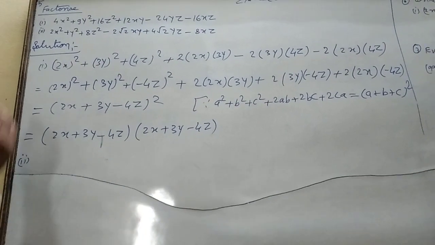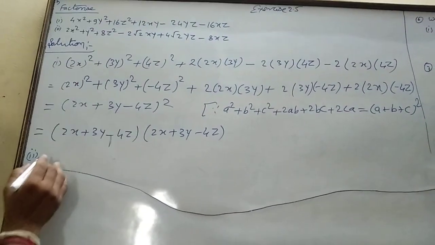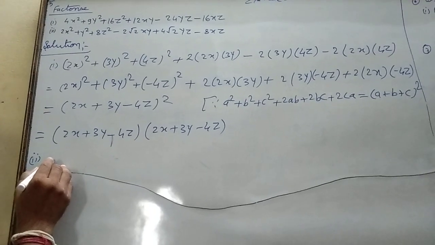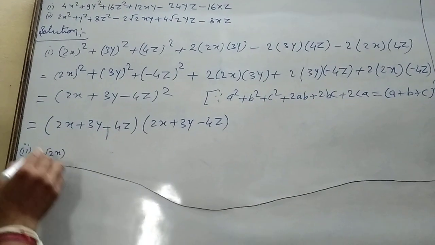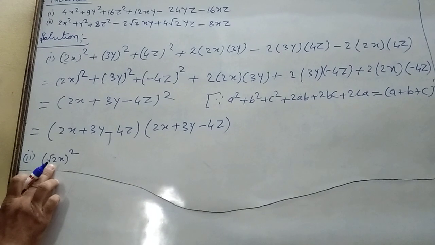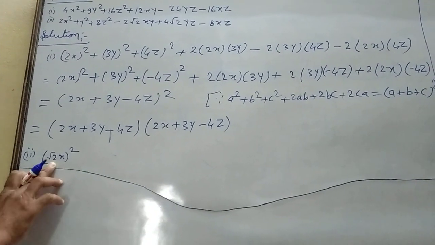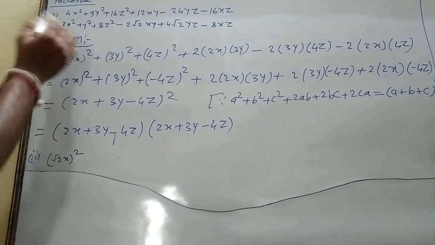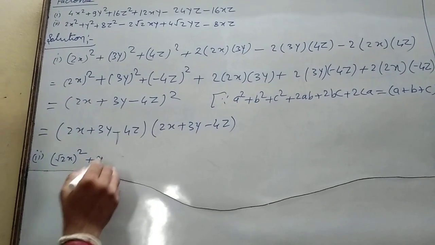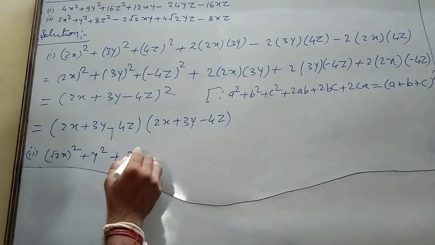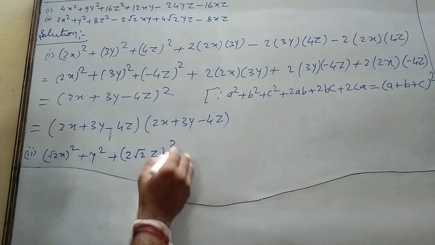Next, second part, 2x square, then this can be written as (root 2 x) power 2, because if we find the square of square root 2, then we will get 2. And then y square plus (2 root 2 z) whole square.